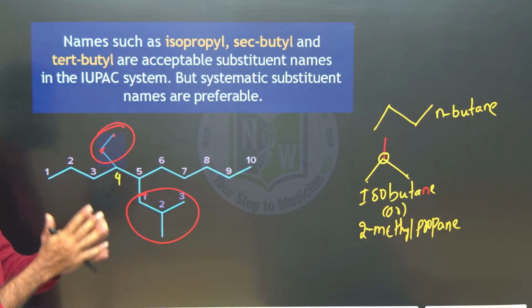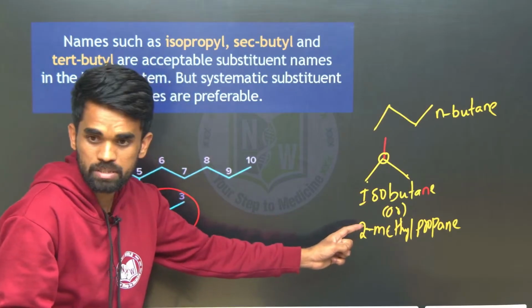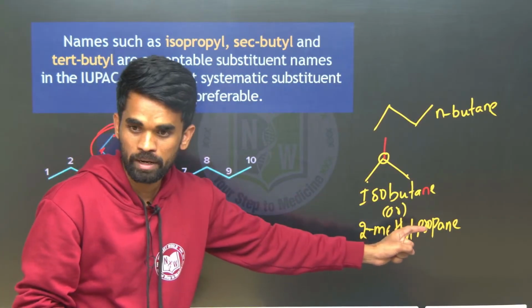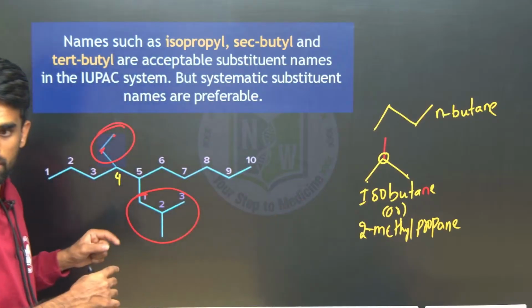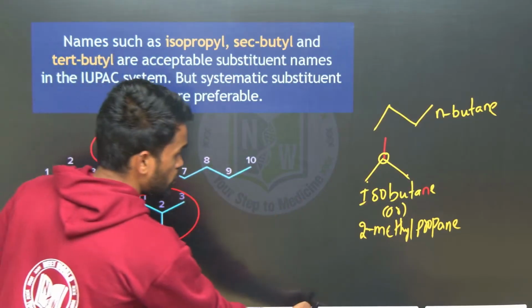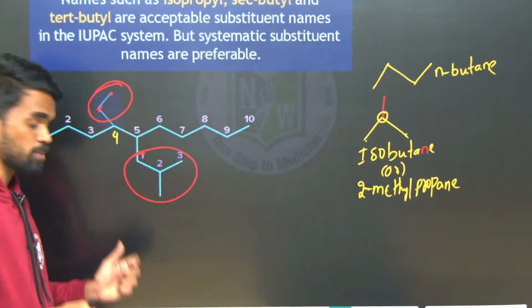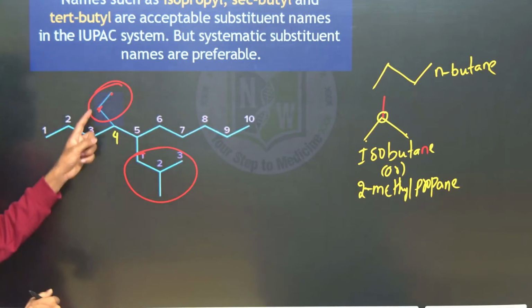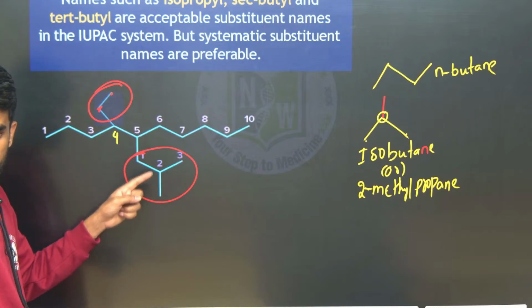So now we can use any of these two names. Either I can use isobutane or I can use 2-methyl propane for this substituent, the IUPAC name also. But what we know, for writing the substituents we should follow alphabetical order. So which comes first here, E or I? E comes first.